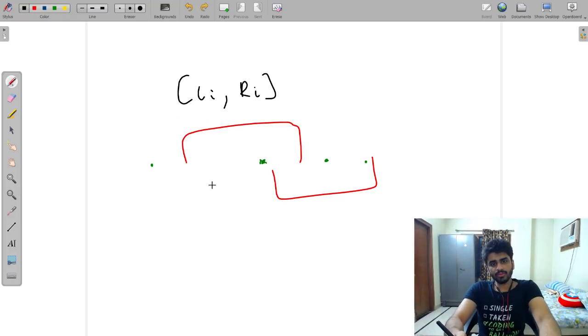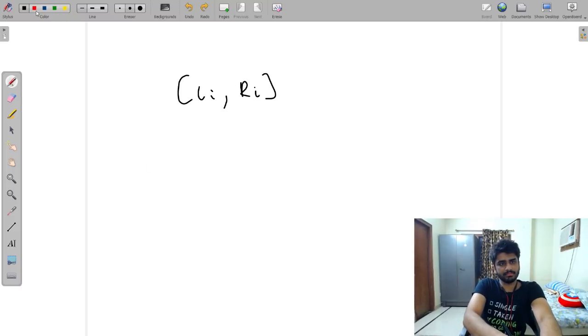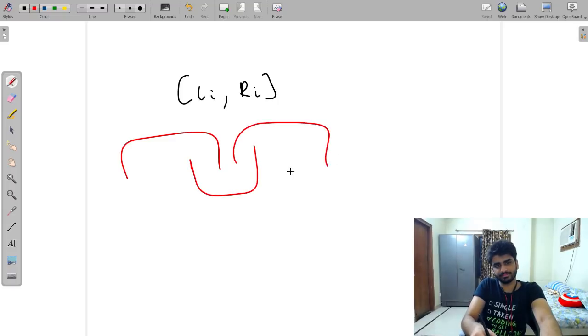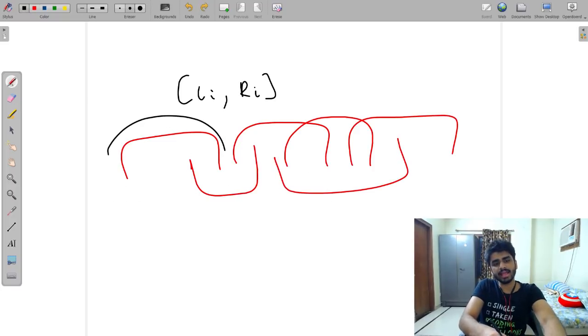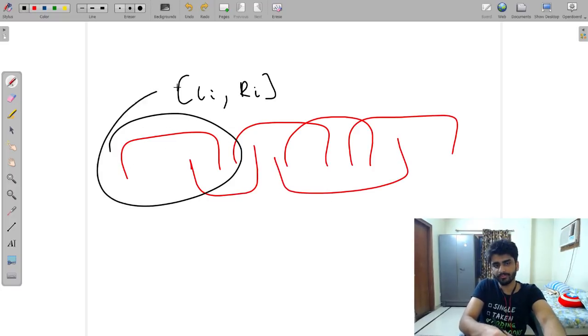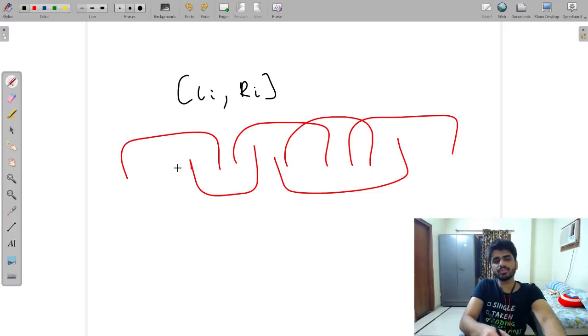When we move from left to right, let's say we have some segments like this. We know that there has to be at least one point inside this segment. So where should that be? Here, here, here, here, or here? We have the maximum advantage of putting it at the endpoint.